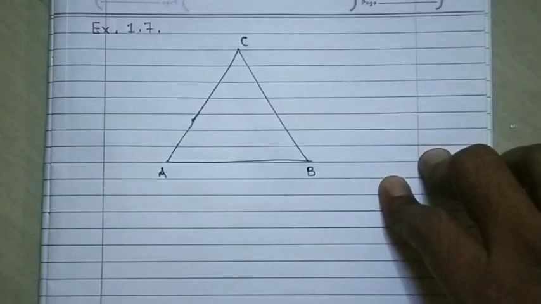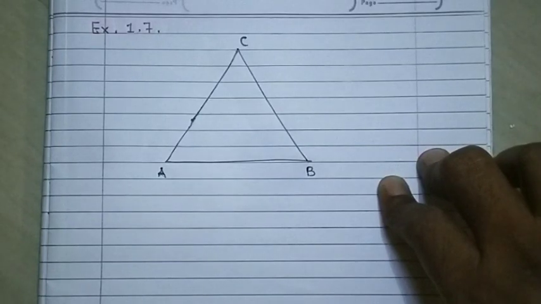Now there are three charges which are placed on the vertices of a triangle.